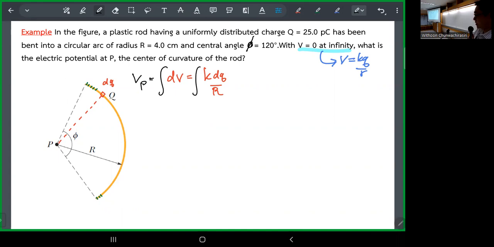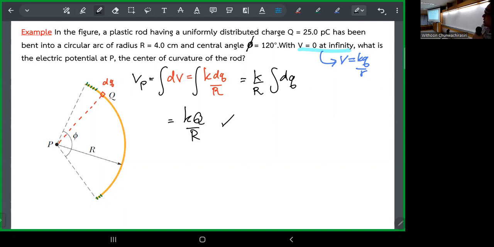The radius R is constant. There's nothing to integrate here. k is out, R is out. You only have to sum all the dq on this rod, and it's just capital Q. And that's it. I'm done.